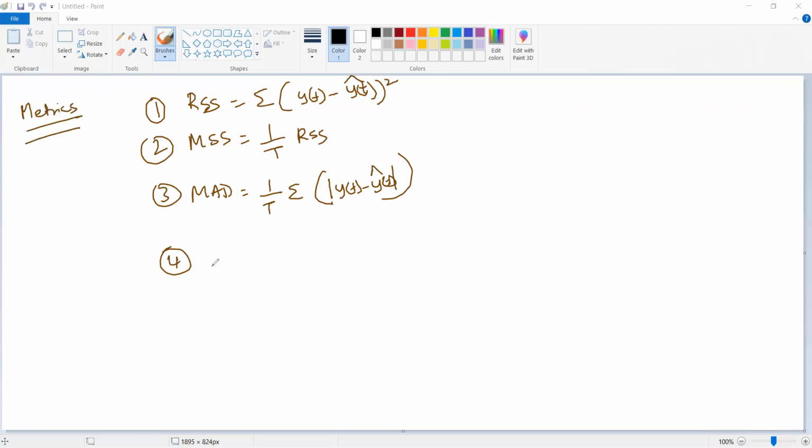The fourth metric, a very common one, is known as MAPE.